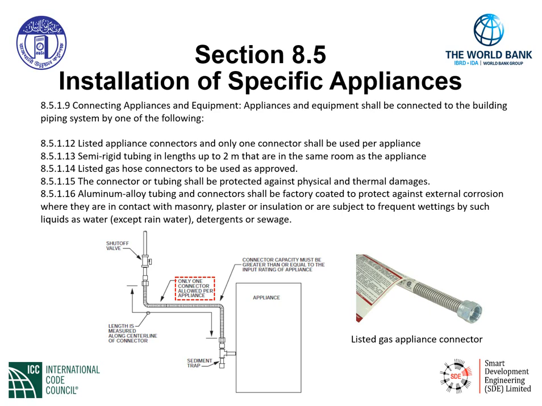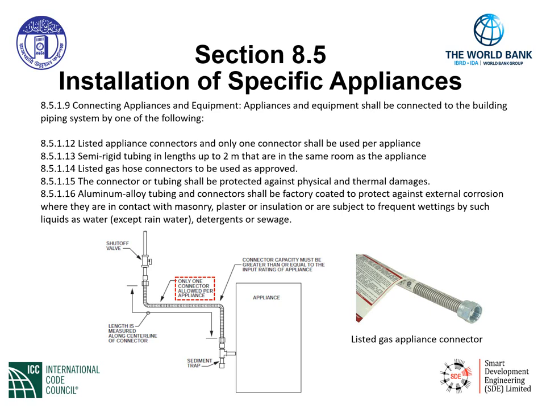Point 15 indicates the connector or tubing shall be protected against physical and thermal damages. Point 16, aluminum alloy tubing and connectors shall be factory coated to protect against external corrosion where they're in contact with masonry, plaster, or insulation, or subject to frequent wettings by such liquids as water, except rainwater, of course.